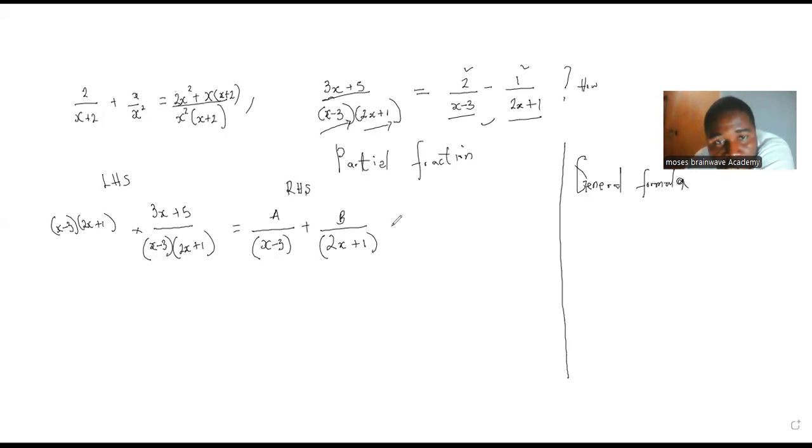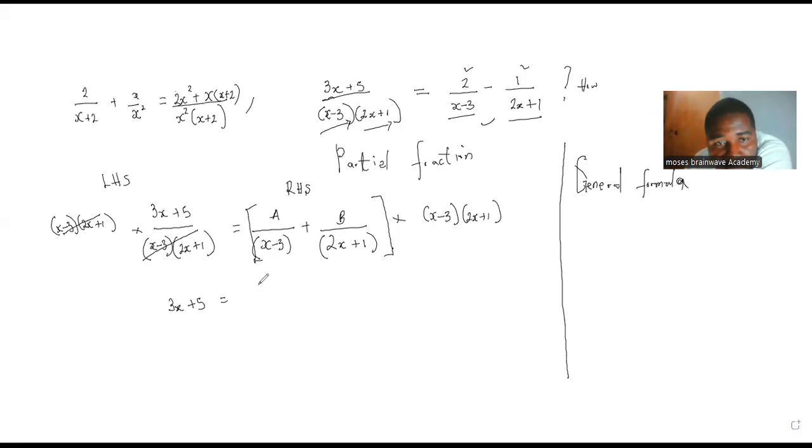So I'll multiply everything here. By so doing, I know that this term is going to cancel out, so I'm left with 3x plus 5. But on the right I'm multiplying everything here by x minus 3, 2x plus 1.